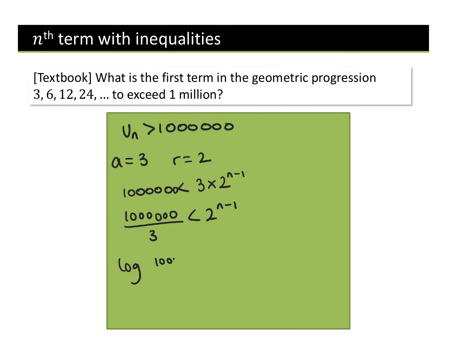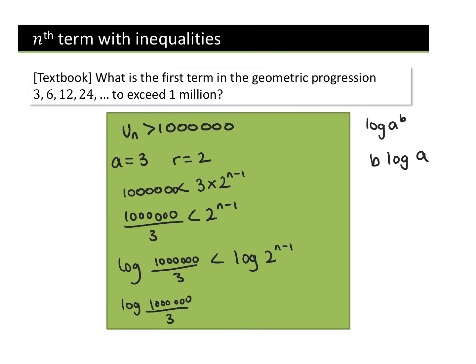So log of 1,000,000 divided by 3 is less than log of 2 to the power of n minus 1. Now using log laws, log A to the power of B can be written as B log A. So log of 1,000,000 over 3 is less than n minus 1 log 2.